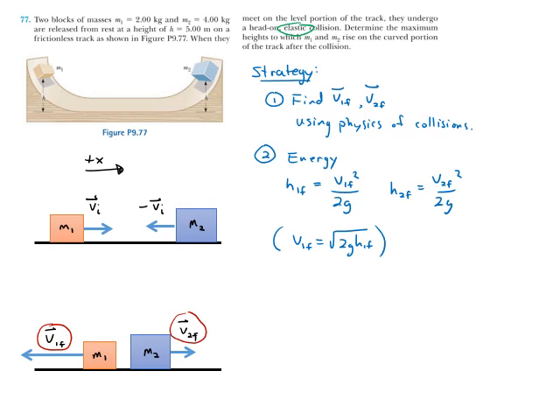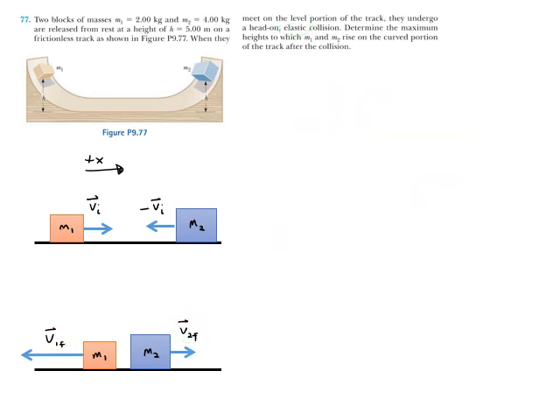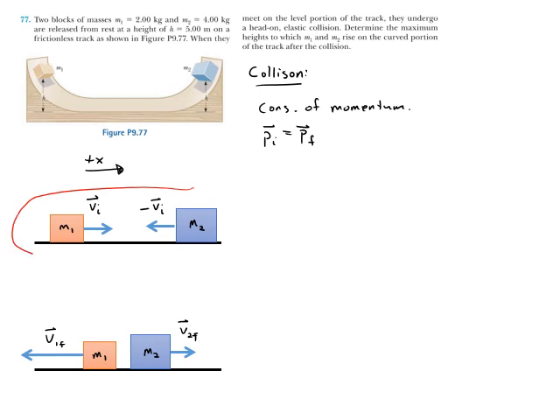So let's go and try and do that a little more carefully. Let's focus on the collision now, right? Let's use conservation of momentum. Pi is equal to Pf for the whole system, right? And the whole system is going to be the two blocks together. This is my system.